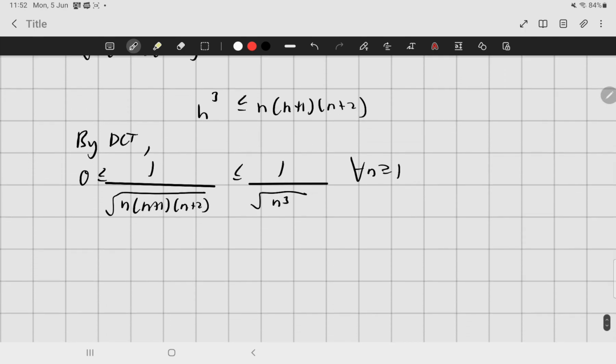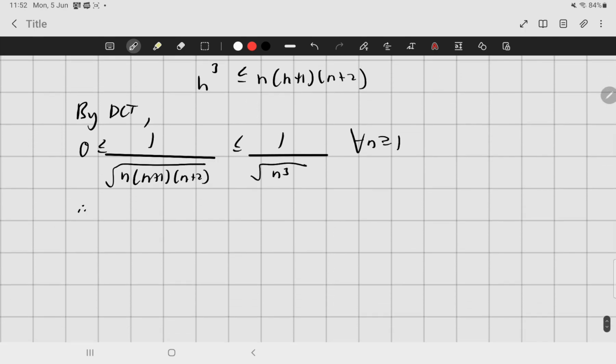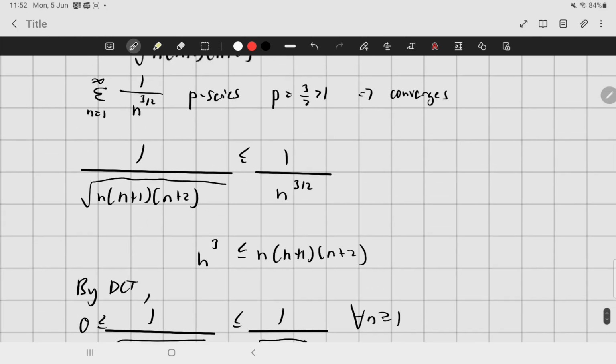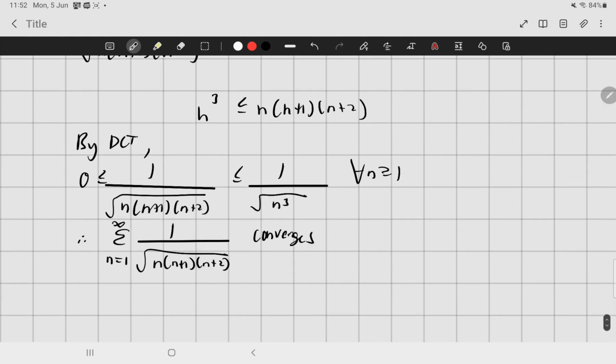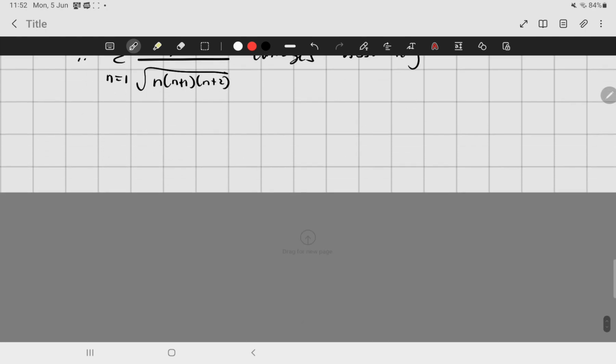Therefore, the series here converges. And I can argue that it converges absolutely because with the absolute value it still converges, so this converges absolutely. Very nice.